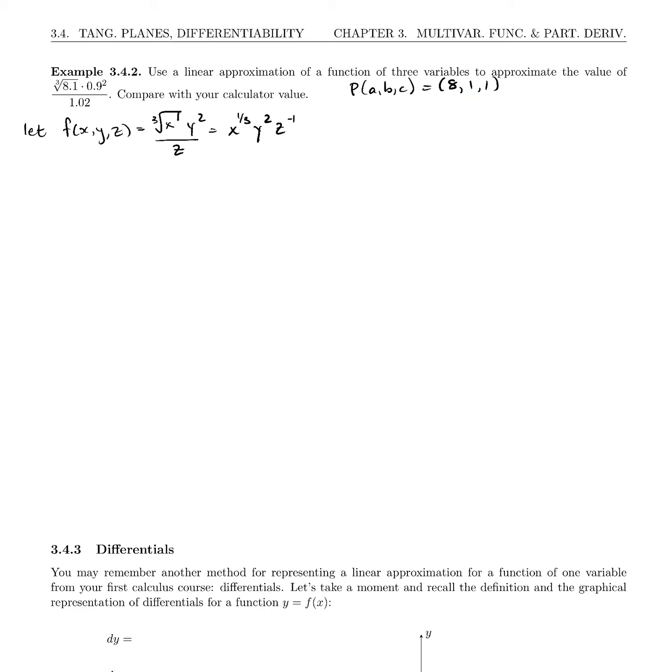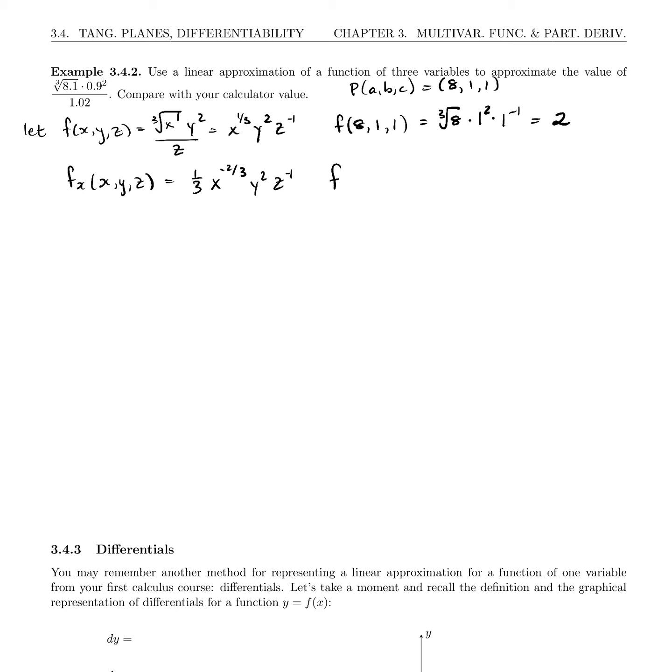So in particular, f of 8, 1, 1 is going to be the cube root of 8, which is 2, times 1 squared times 1 to the minus 1, that is just 2. We need to calculate the linearization, which means we need the partial derivatives. So f sub x of x, y, z, power rule is going to give me 1/3 x to the minus 2/3 y squared z to the minus 1.